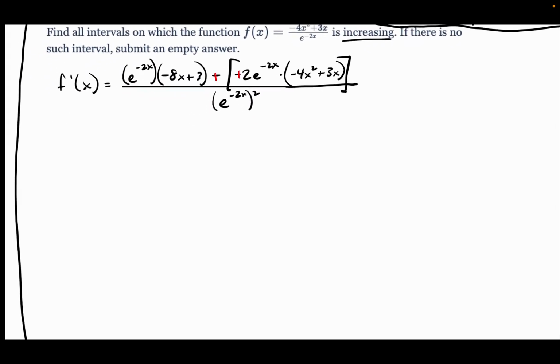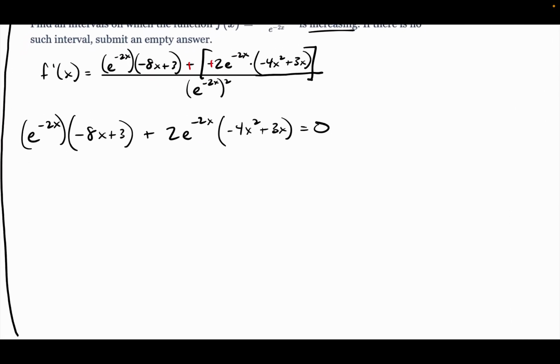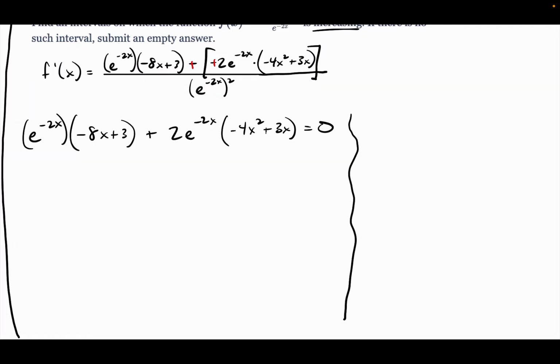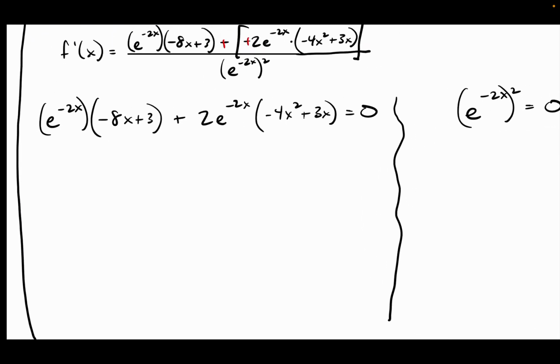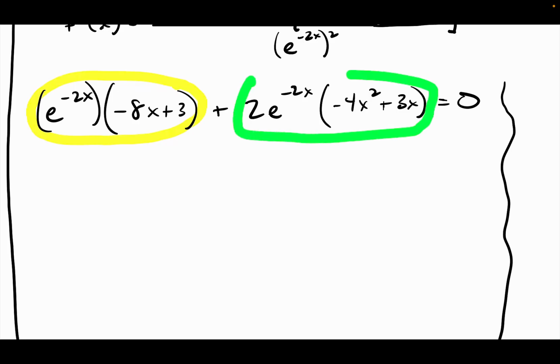This is going to be positive since it's minus a negative. All right, so now I've got to set the top equal to 0 and set the bottom equal to 0. The top has two terms, and it's a binomial.